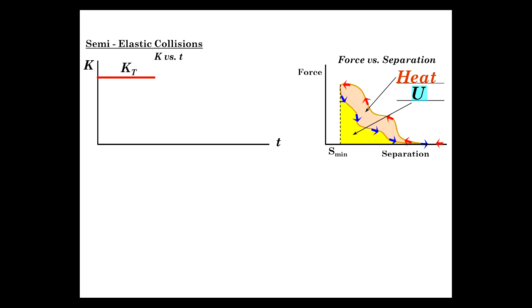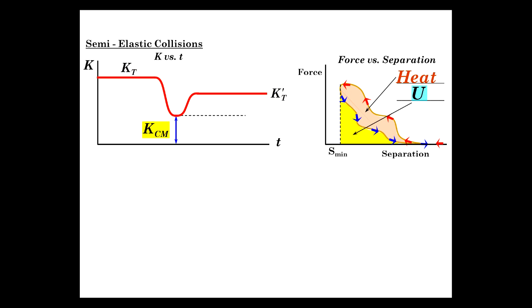So, kinetic energy total, it dips down. This is the kinetic energy of the center of mass. And what else, though? Positive work is being done to boost that kinetic energy back up. But under this whole thing here is how much was lost. So it goes back up part way.